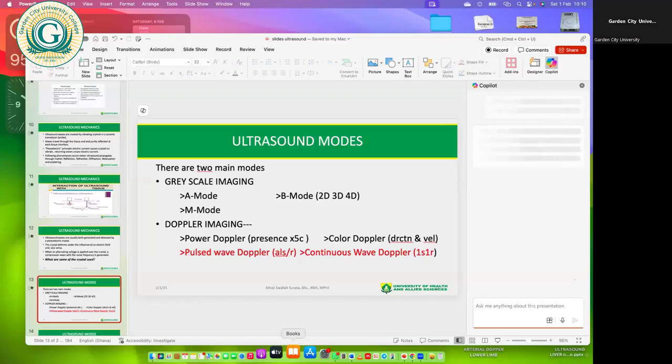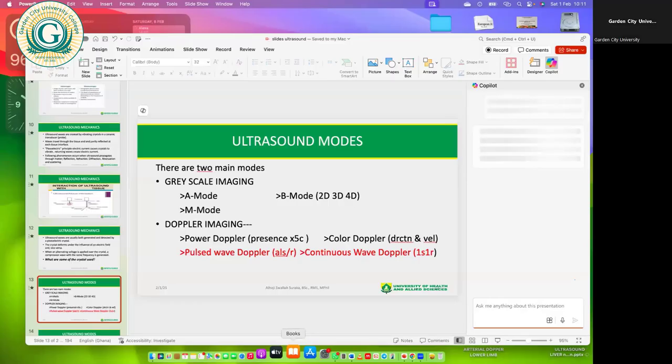When you put on the M mode, it records activity of structures. So the motion mode or the movement mode allows you to record activity of structures. Okay. So when you want to check cardiac activity, for instance, on ultrasound, which we'll be doing the practicals for during our practical session, you shouldn't be too lost.